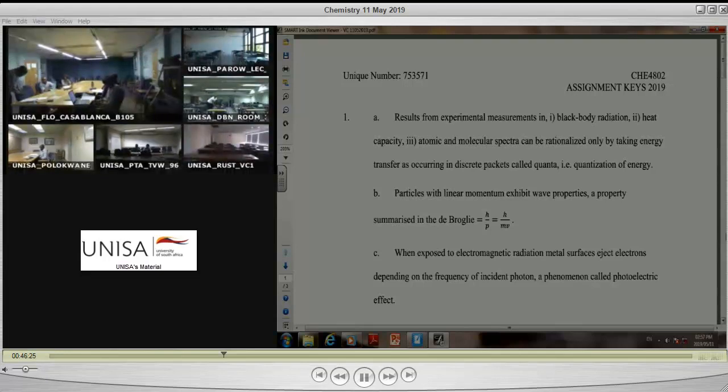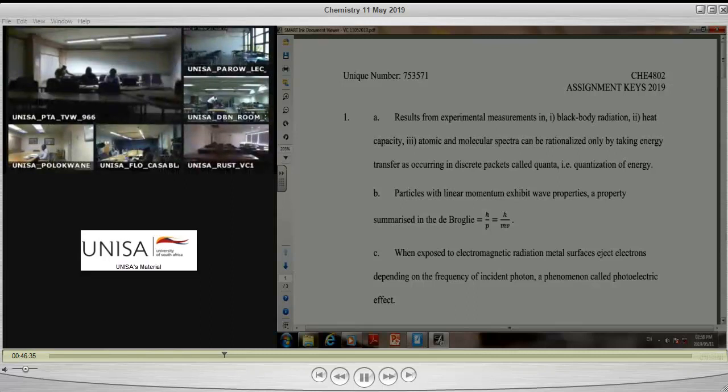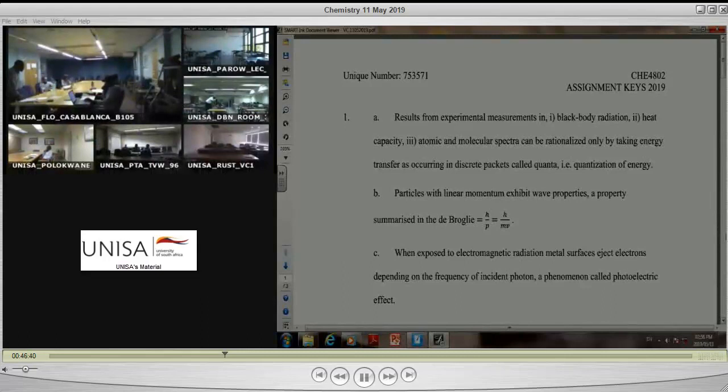So, percent change in the lowest energy level. We're looking at the lowest energy level, that is n equal to 1. What we do is we increase the length of the box by 10%.